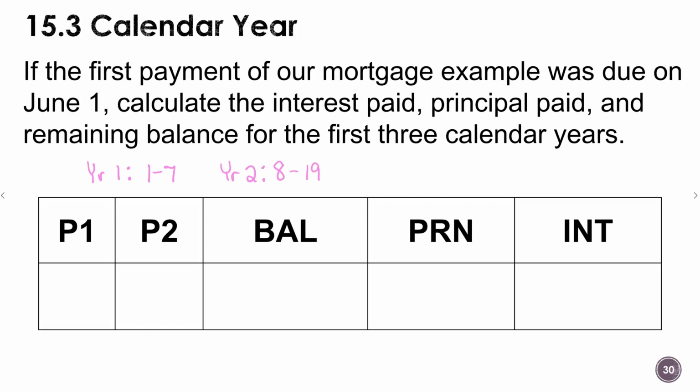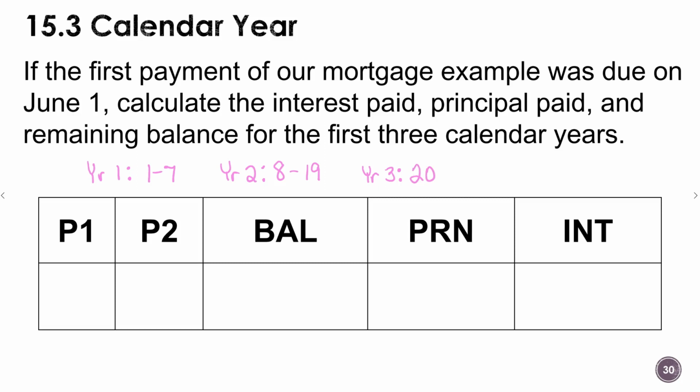Now your second calendar year is the whole year, January through December. If you subtract 19 minus 8, you get 11. But if you count them up, you're counting payment 8 and payment 19, and it's a total of 12 payments. And then calendar year 3, you'll want to read about this in your book also and see if that helps you out. Year 3 starts with payment 20, and that's in January.